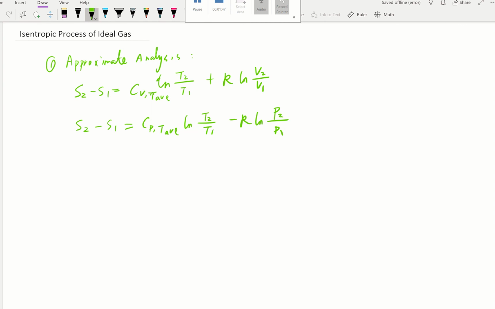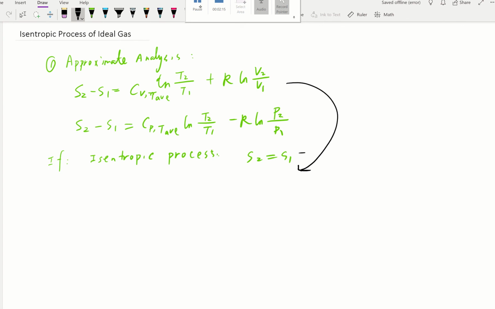But now we are saying if this is isentropic process, in other words, our S2 is equal to S1. So if that's equal, what can we come up with? From the first equation, this is going to be equal to 0, right?